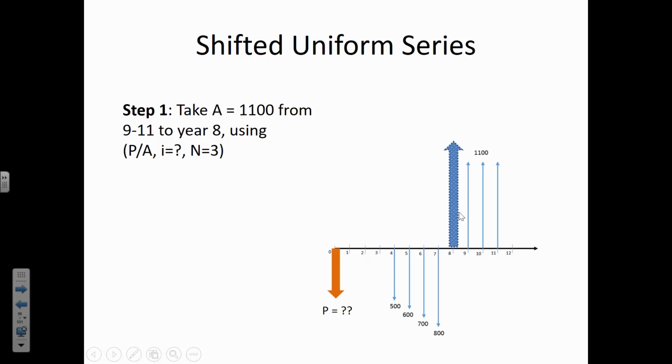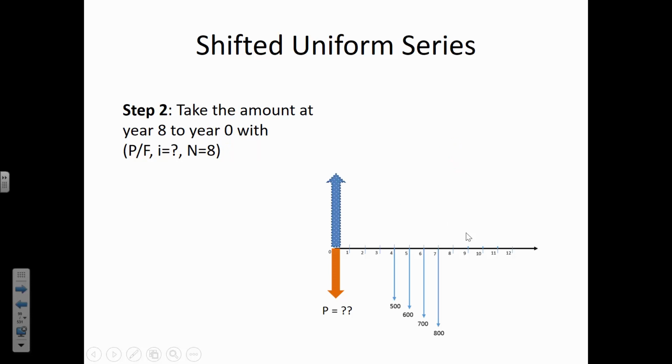And so when we moved it to a single amount in year 8, we did find P given A. It wasn't really P. We know it was still some future date, year 8. But just temporarily, from the perspective of the annual series, we treated it as a quasi-present amount. Okay, so now consider what steps we have to take to get these amounts down in the outflows.